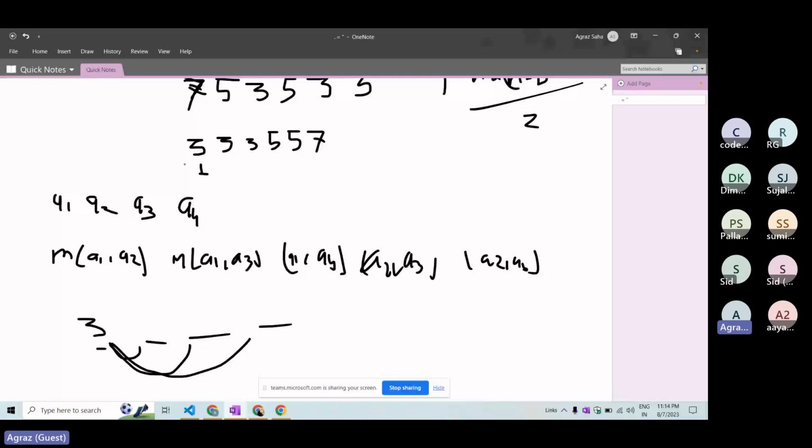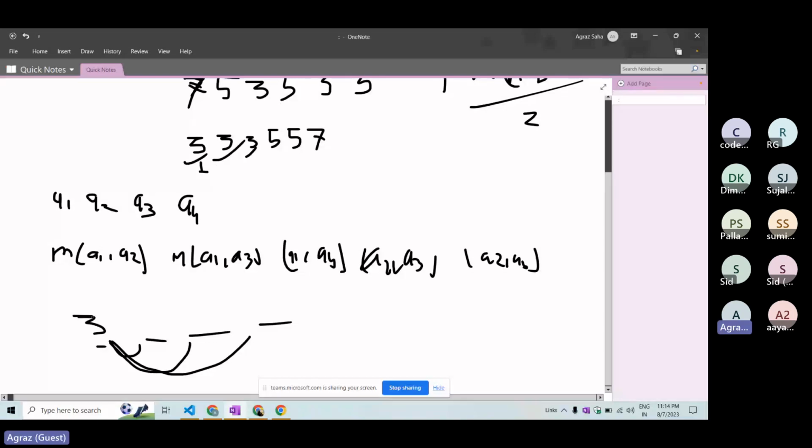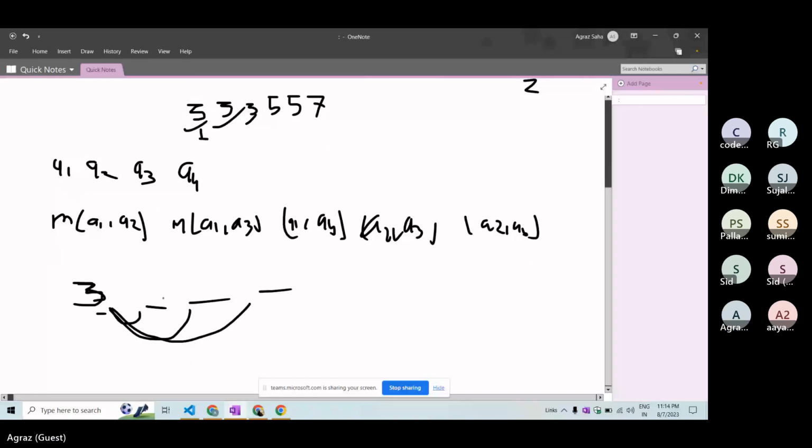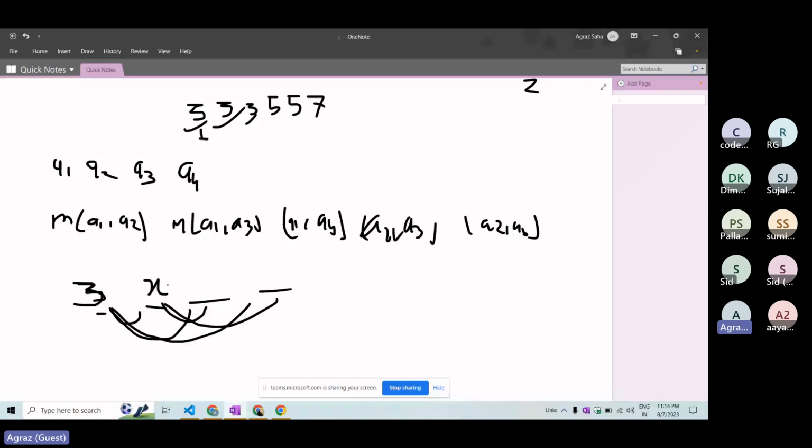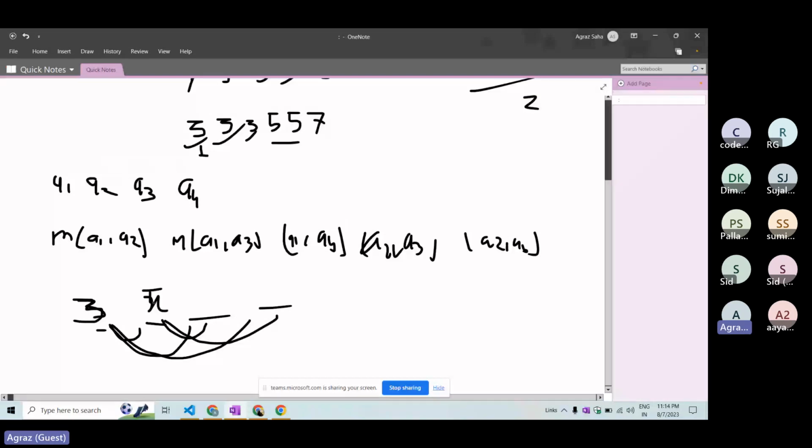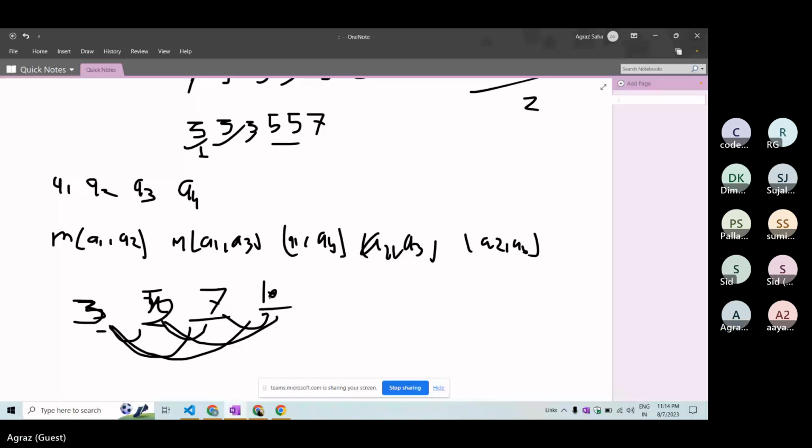Now coming to the next element, 5. Let there be x. This x will be the minimum of these, so x will appear 2 times. So here it will be the 5. Now for the 7, of course, 7 will appear 1 time only. So I will initiate it with the maximum element that can be possible here. So that is my approach.